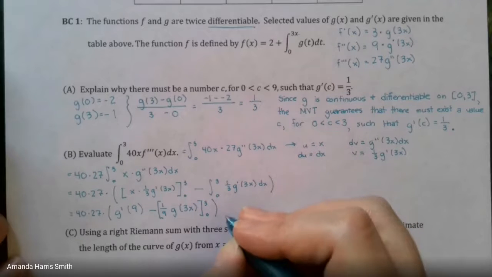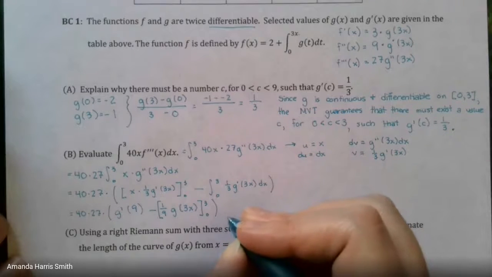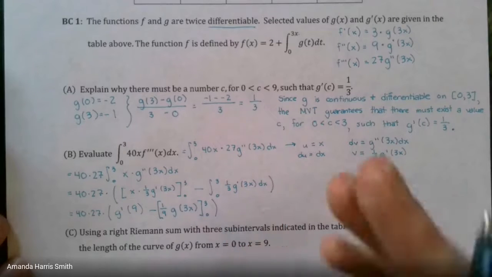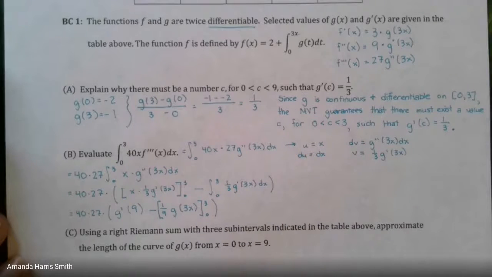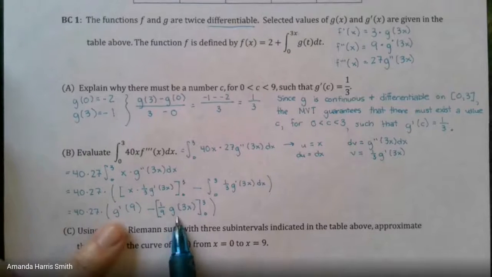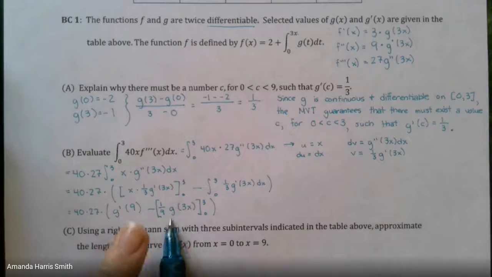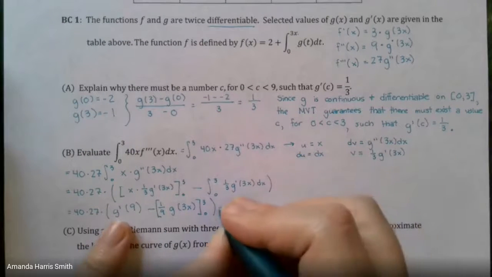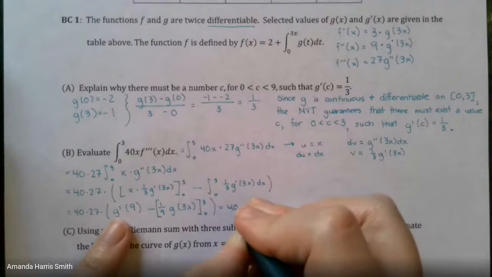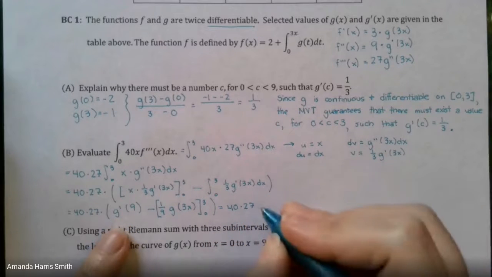Now remember, on an FRQ you only have to simplify as much as needed to get to a numerical answer. This is not quite a numerical answer yet because I still have expressions in terms of g and g prime. There's a whole lot of simplifying here that you just don't have to keep doing.